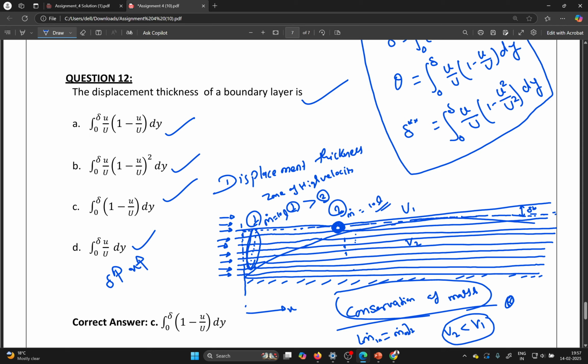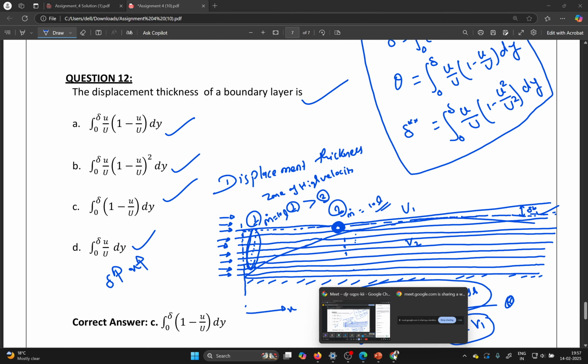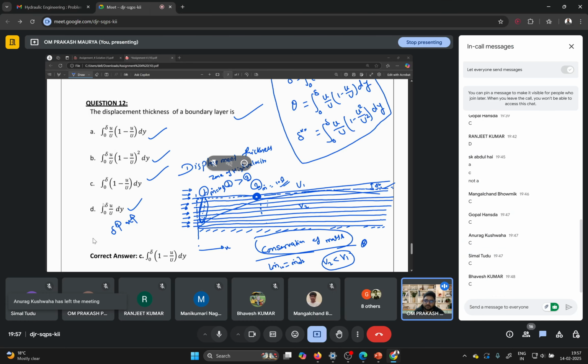The streamline shifts outward, and that displacement of the outer streamline is known as the displacement thickness. So hope everyone got it. This is all about displacement thickness.